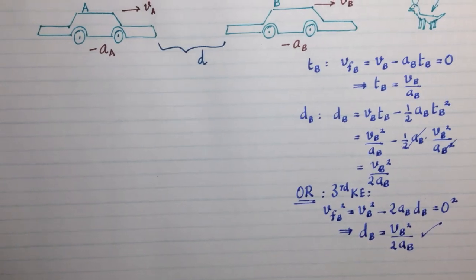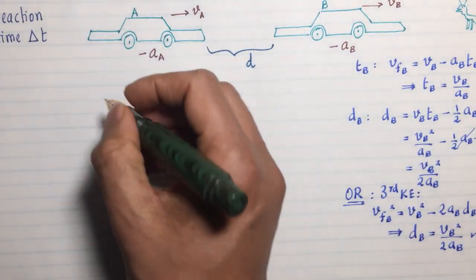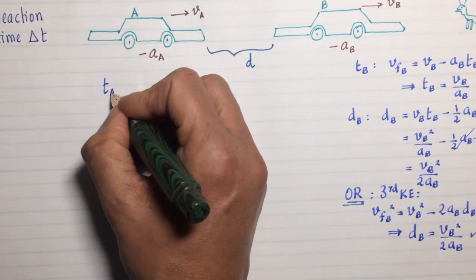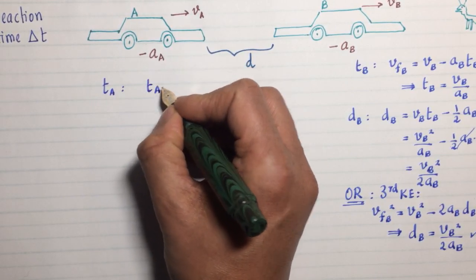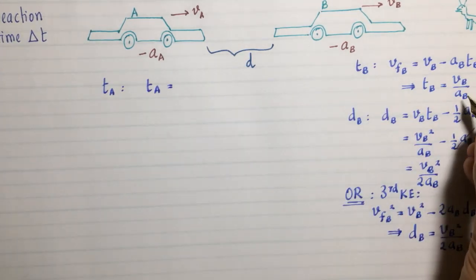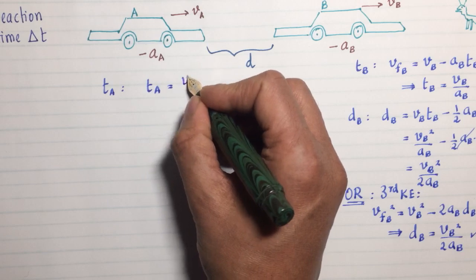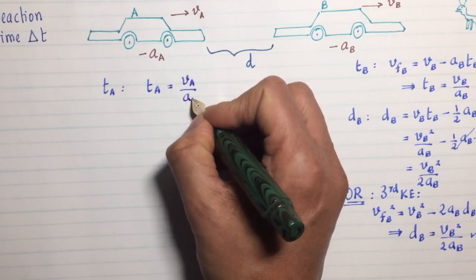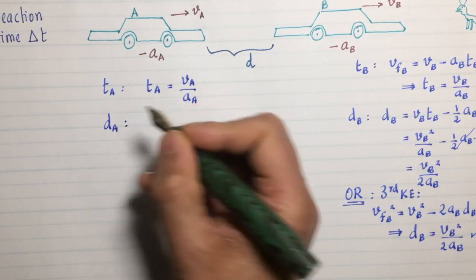Whatever applies to car B applies to car A. So when car A puts on the brakes, the time taken for car A is going to be t_A equals, I'll just change the subscript from B to A on that expression, v_A upon a_A. Now what about the distance? Here you've got to be careful.